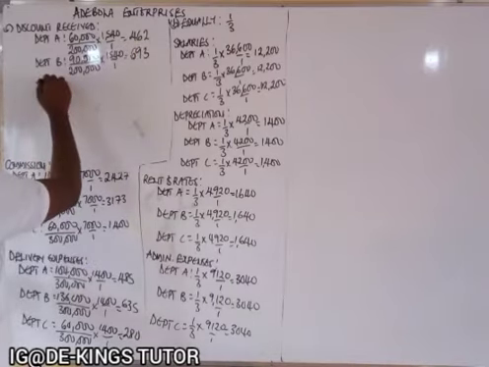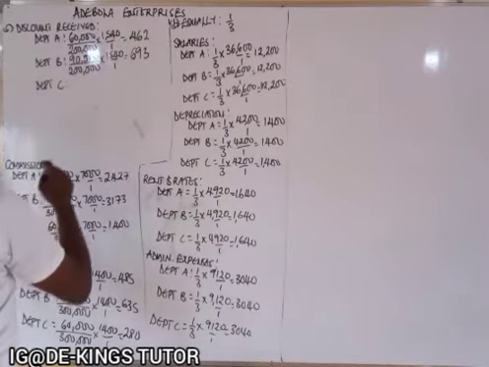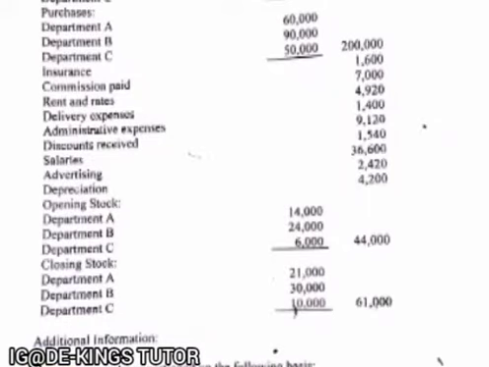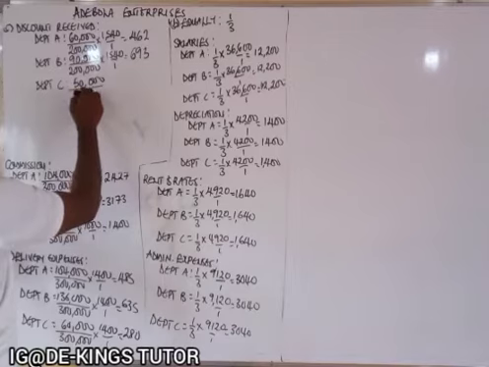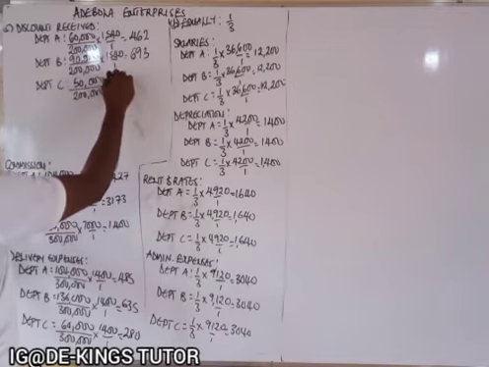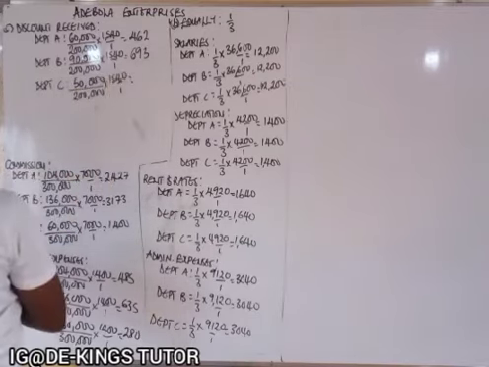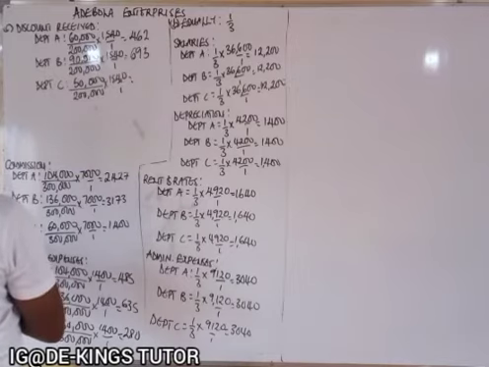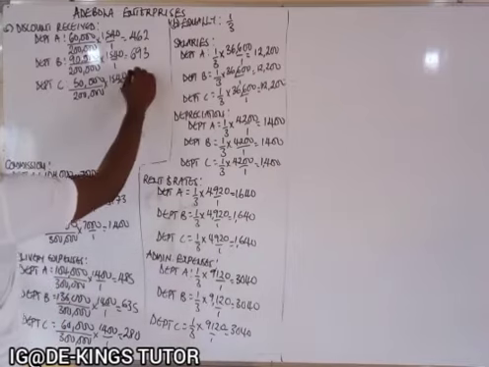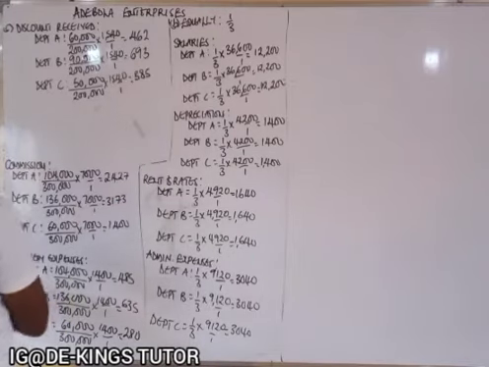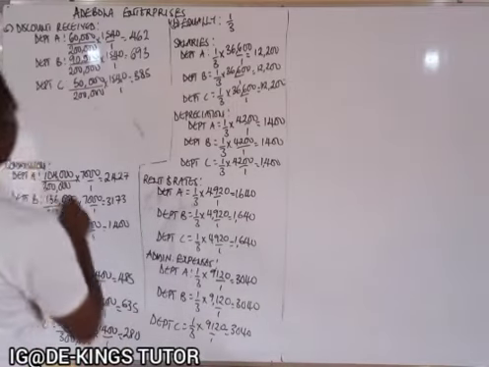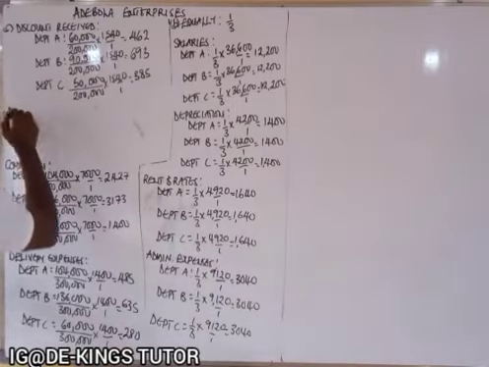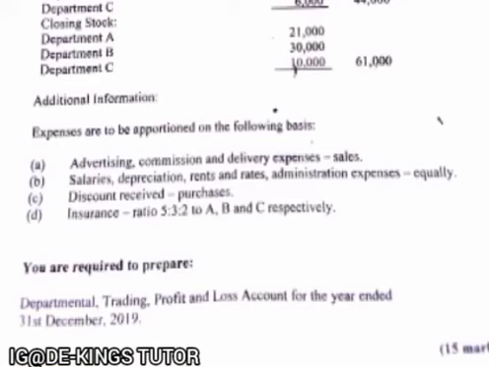That's Department B. Then Department C, from their purchases, is 50,000 divided by 200,000 times 1,540 over 1. We have 385. So that's discount received. That's the third one. Now the last one for the apportionment, which is D, they said insurance ratio.